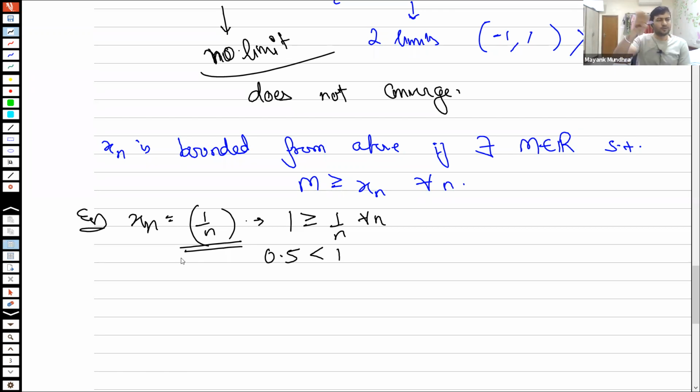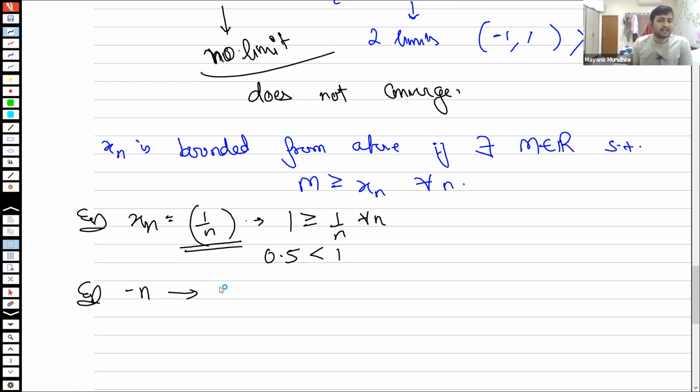So we say a sequence is bounded from above if all elements are lower than something. If there exists some number which is greater than every element, then we say that the sequence is not going to infinity. So if a sequence is not going to infinity ever, then we say that it is bounded. Another example could be -n.